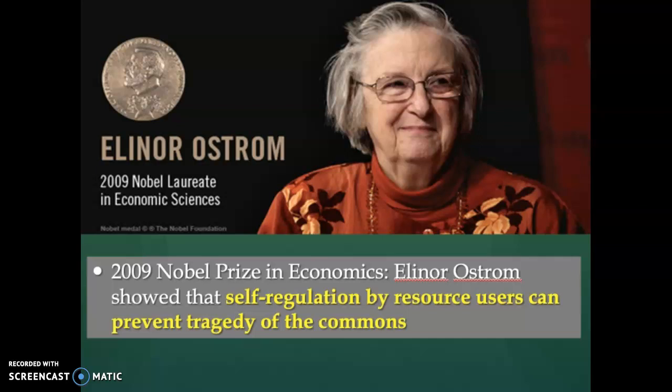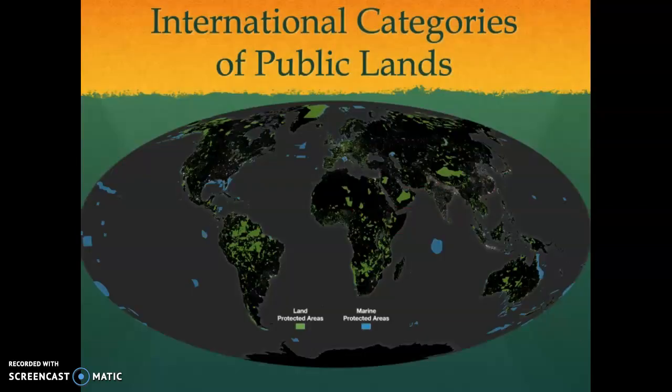So her self-regulation would mean that people create rules that they follow, and then they create their own system of what to do if someone isn't paying or doing their part, or if someone is not using the resources in the right way, and that they don't actually have to be owned by someone. So she's a pretty cool lady right from around here.